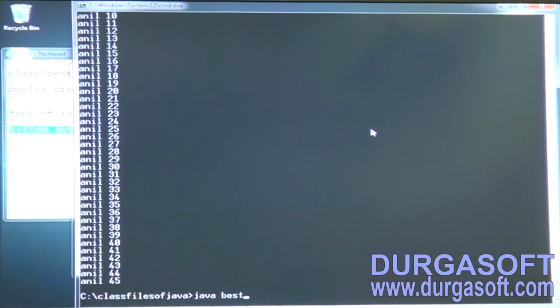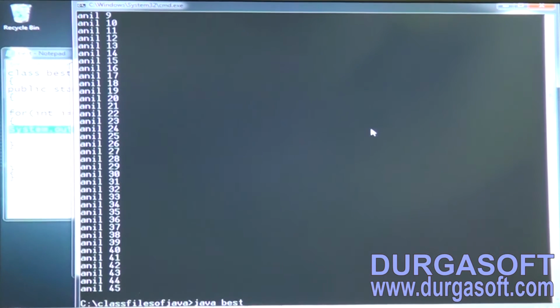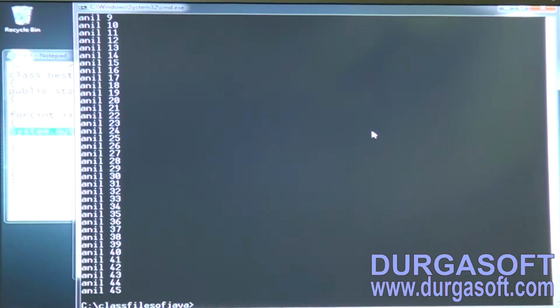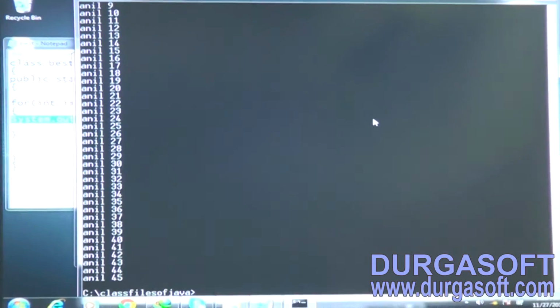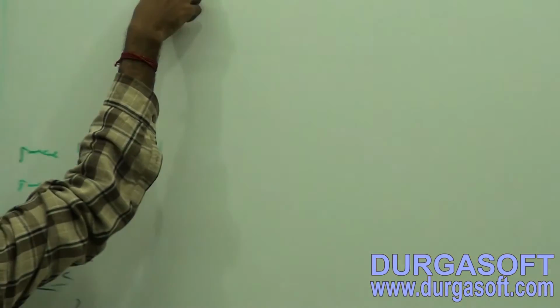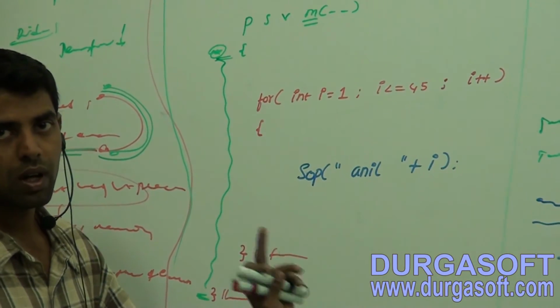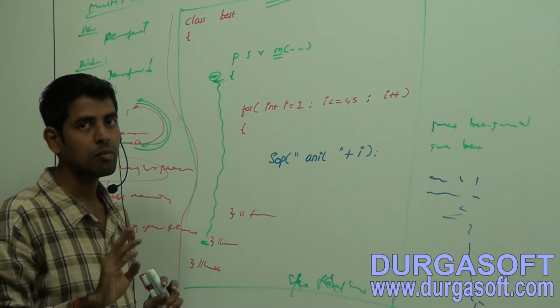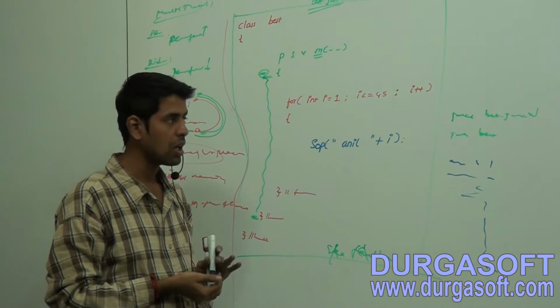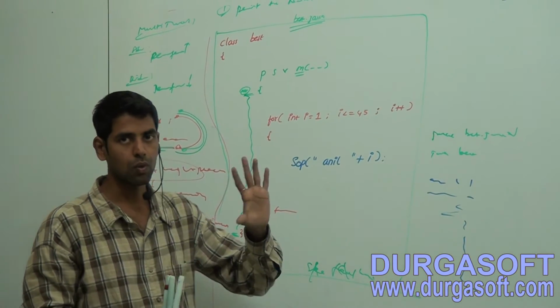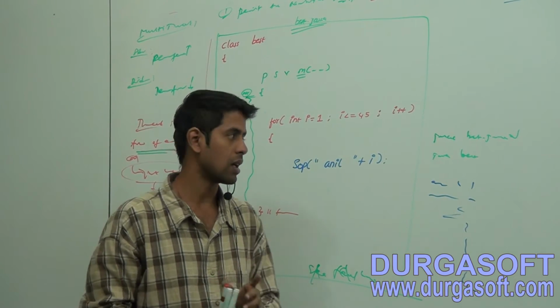I am going to execute once again. Do you have any digit printing for 1 second, that is, for each and every 1 second? Are we printing 1, 2, 3, 4 like that? No, we are not at all printing that way.